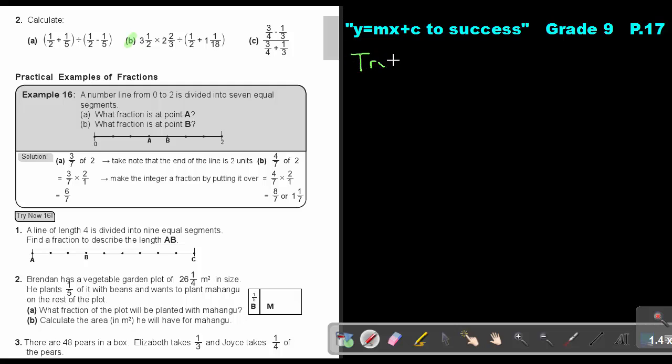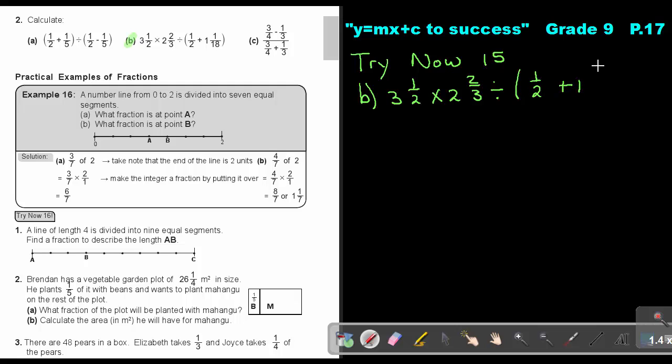So let's look at, it's still try now. That was 15. And we are going to look at number B. So it's 3 and a half multiply 2 and 2/3 divide a half plus 1 and 1 over 18.